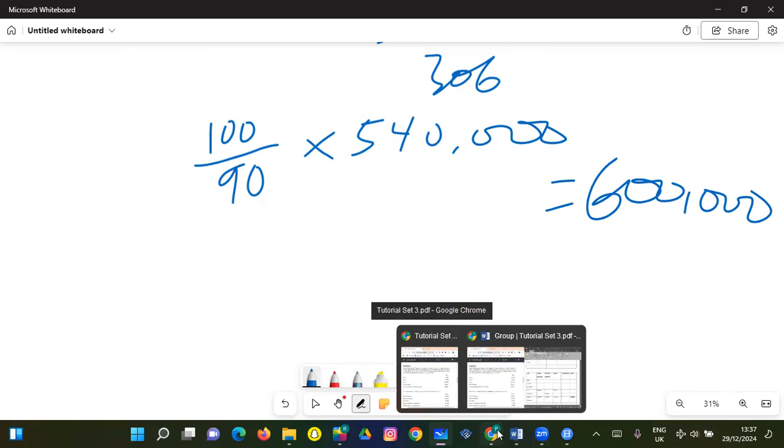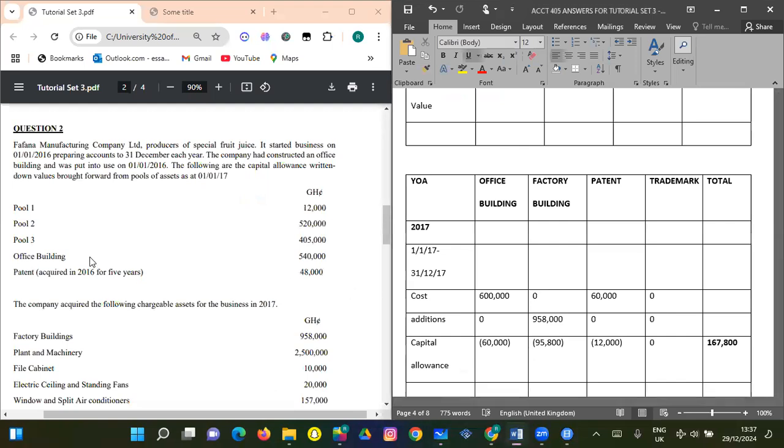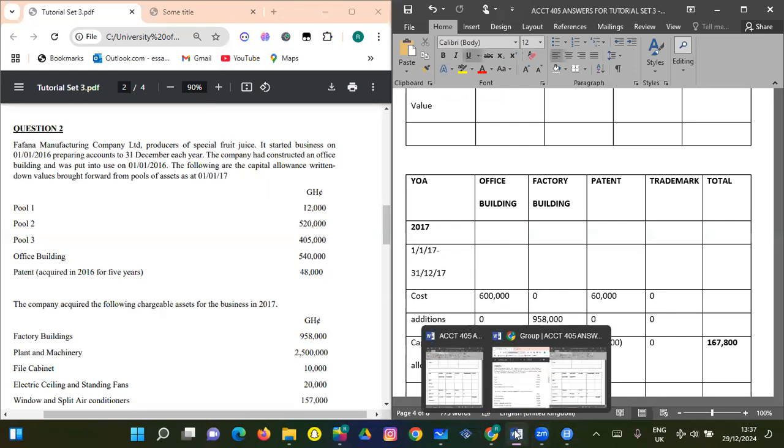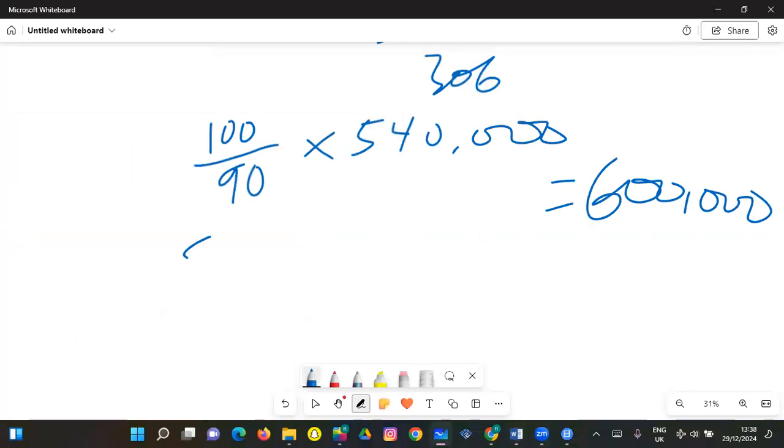Also patents is for 5 years. One year has already been charged. That's why we have this as a brought forward. So if we want to get the cost, we do 5 years over the years left.